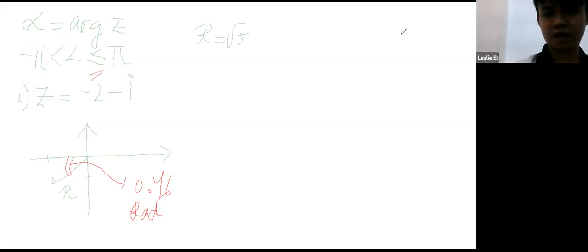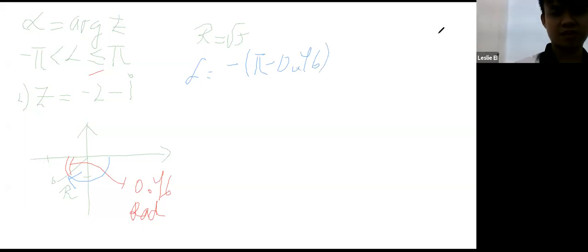So how do you write the answer for the angle? For the angle, you have to take the clockwise direction. So what is the alpha that you write? You should take negative because you go clockwise, right? So basically like A-level maths still. So pi minus 0.46, negative because you go clockwise. So the angle is 3.14 minus 0.46, so you have negative 2.68 radian.